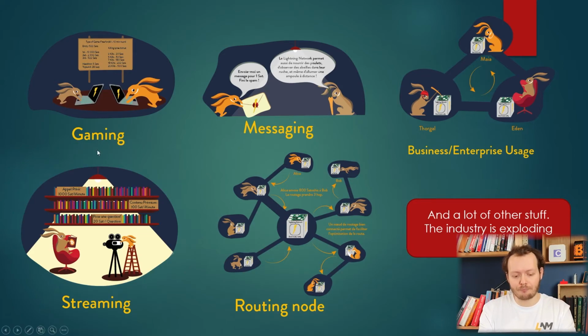Obviously, streaming is really logical because now you can literally send and receive Satoshi instantaneously. You can start streaming money. And by streaming money, I mean literally send one Satoshi every 10 seconds or every second to someone else.